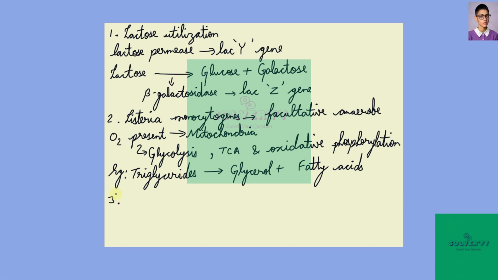The third part, lactic acid fermentation, is the process by which Leuconostoc mesenteroides and other anaerobic bacteria convert glucose into lactic acid.